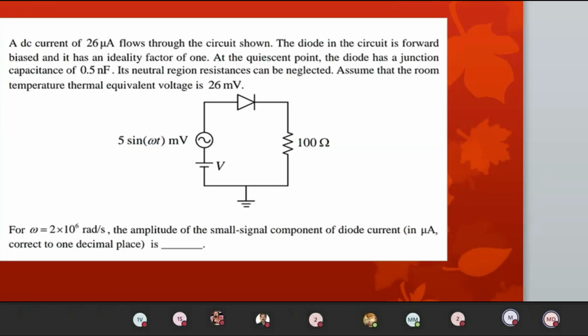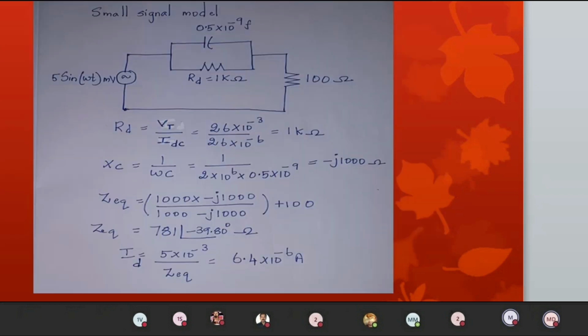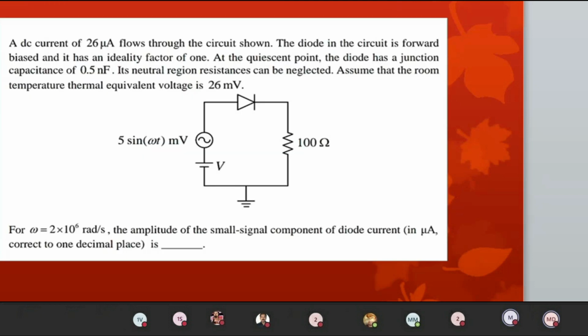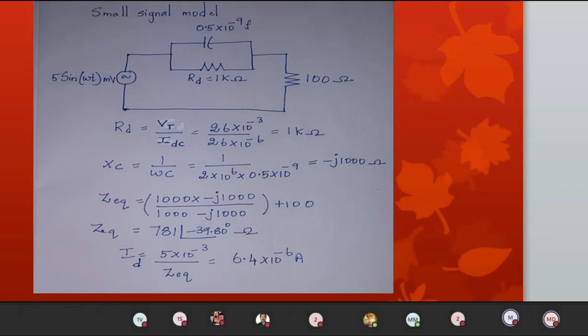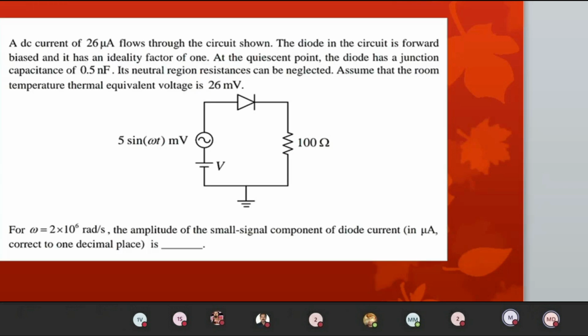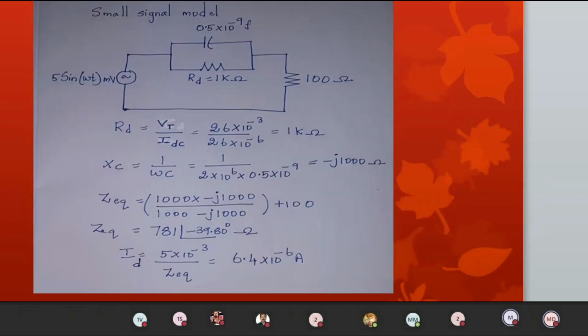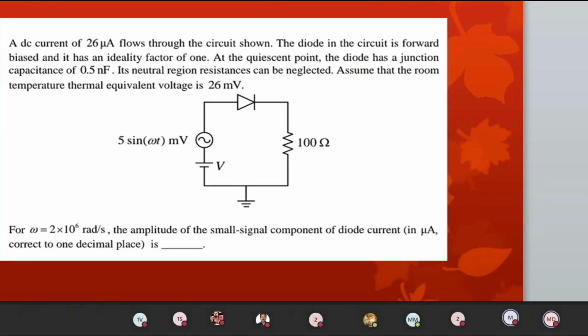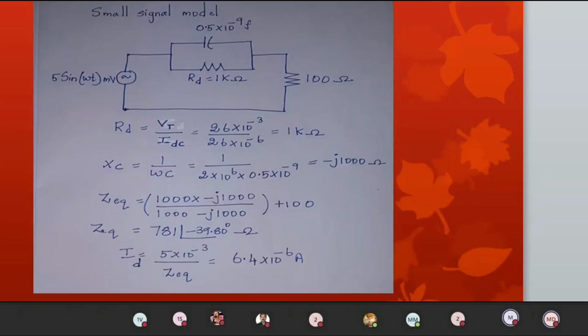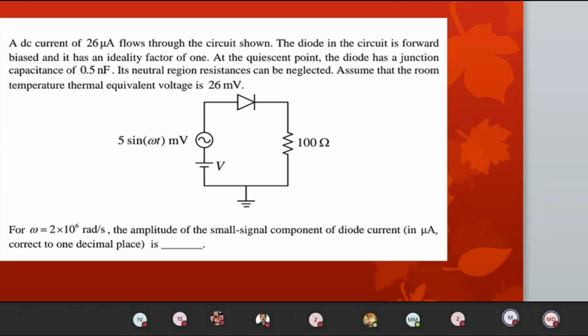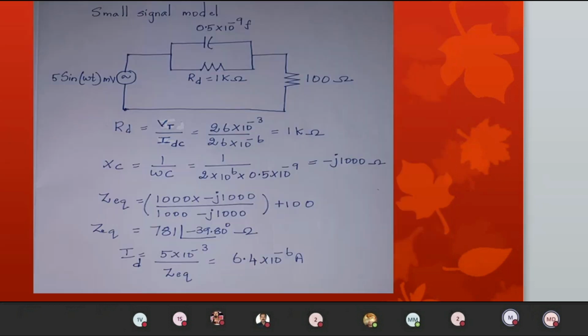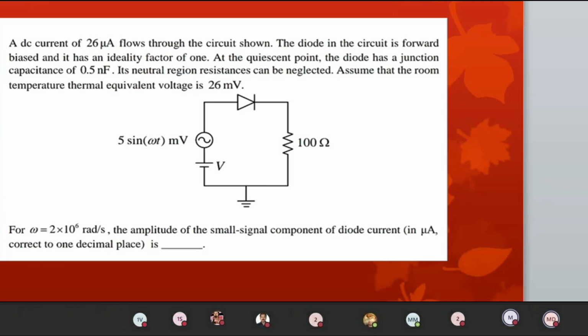Now first draw the small signal model. I have an AC voltage. Then the small signal model is, he has mentioned clearly, the diode has a junction capacitance of 0.5 nanofarads. That's very, very important. It also holds a diode resistance of 1 kilo ohm.